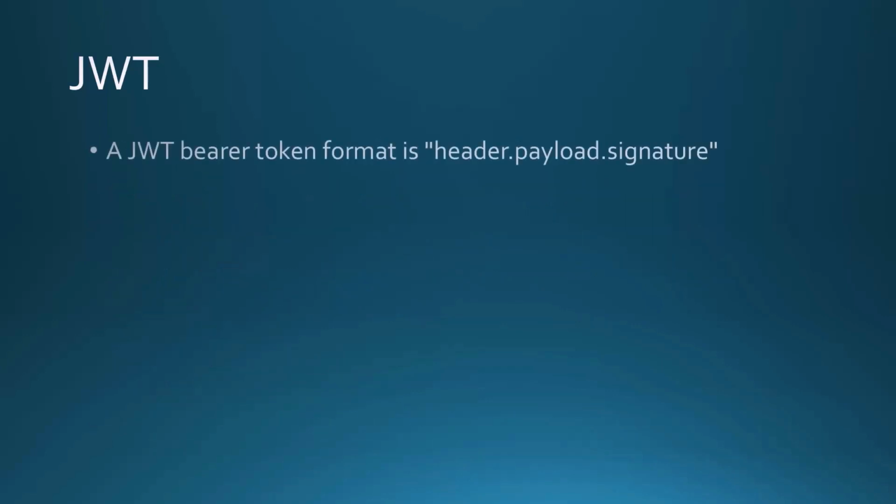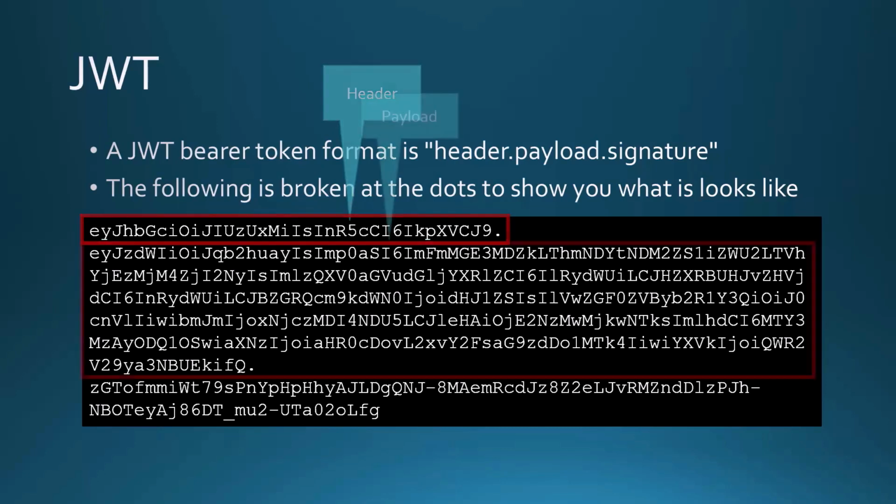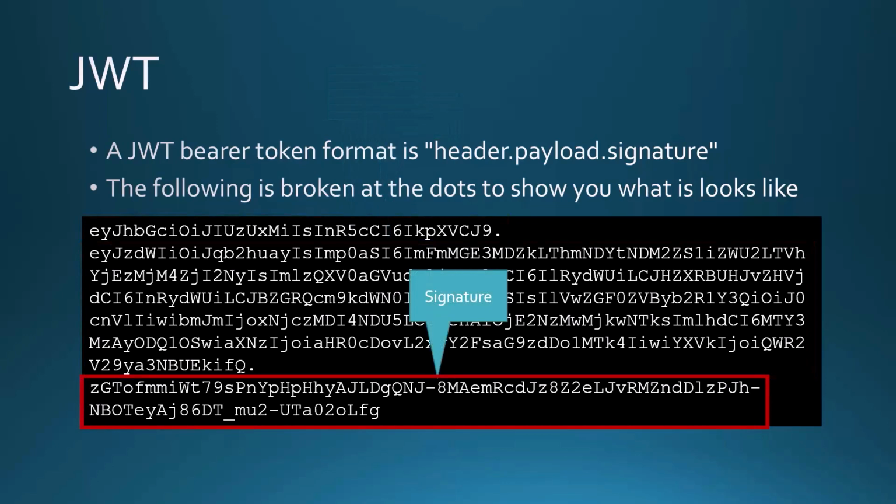Like I just said, a JWT bearer token is in the format header.payload.signature. So the following is simply broken at the dots on the slide here just to show you what it looks like, but in truth, they're not broken across lines like this. This is the header part, this is the payload part, and then this is the signature.